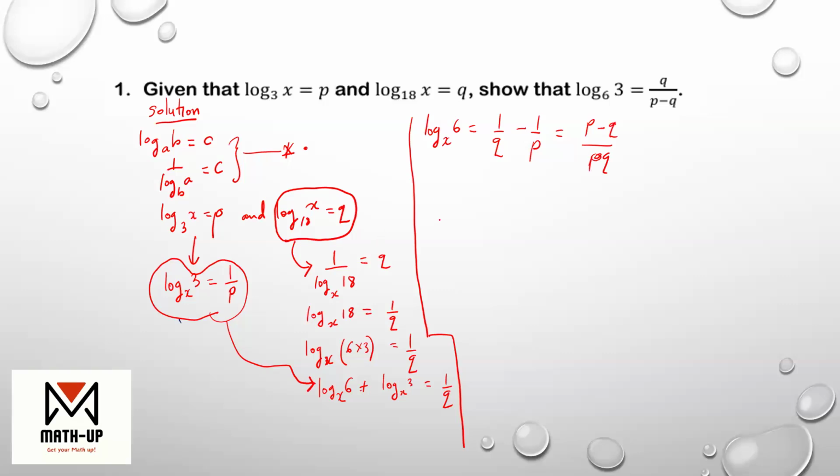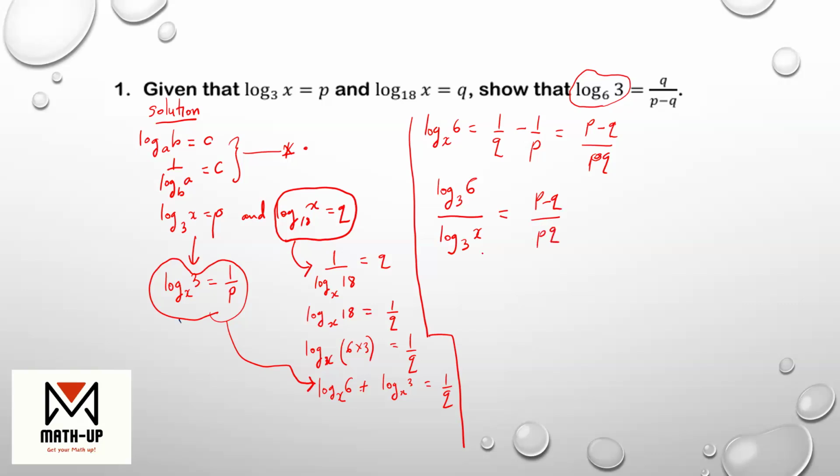Now we can manipulate this as well using another law of logarithms. What I'm looking for is how I can get this. So we can as well say log of 6 to the base 3 over the log of x to the base 3 is equal to p minus q over pq.